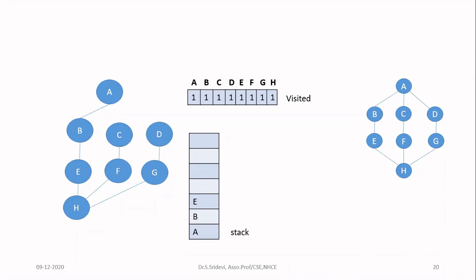Explored means you will be checking whether all the neighbors of that node have been visited. So in case of depth first search, we are going to explore the nodes in the reverse direction. Okay, that means whichever is started first, that will be explored last. For that only, since we want to implement first in last out or last in first out, we are going to use the stack for this DFS.